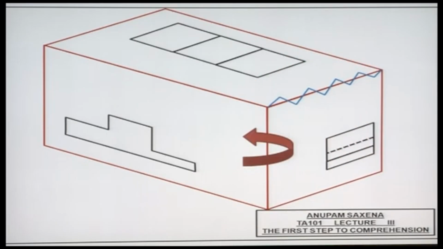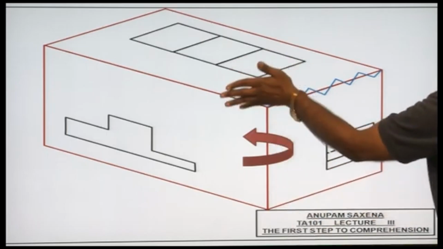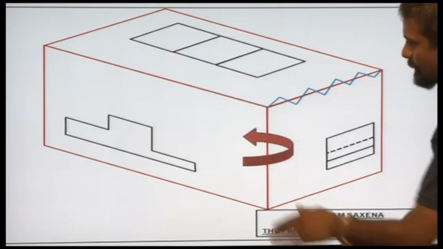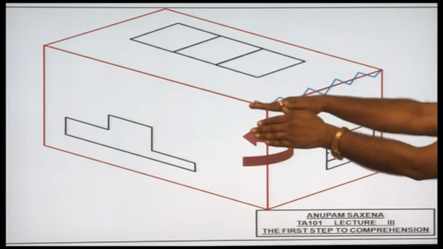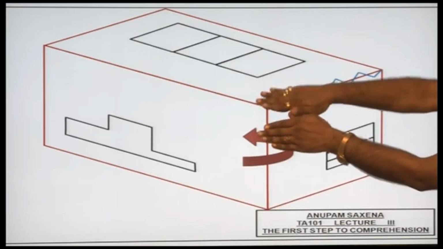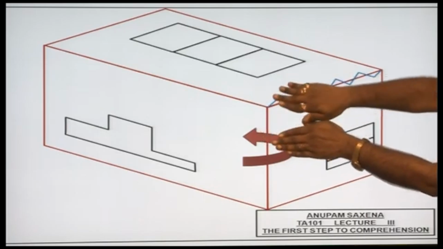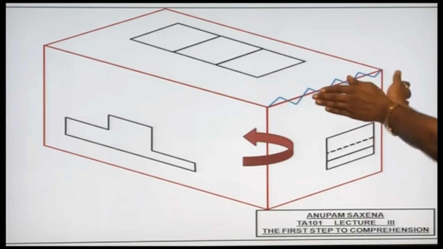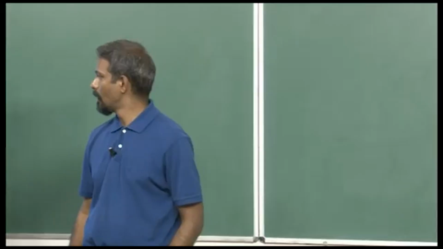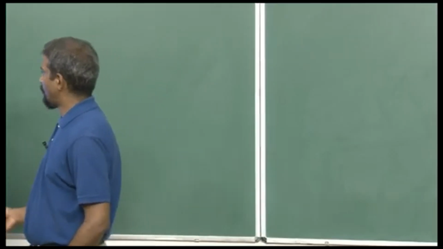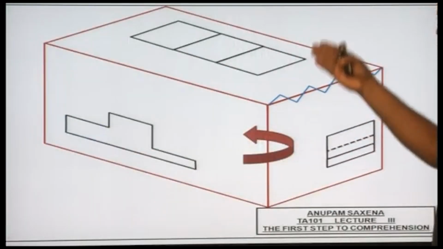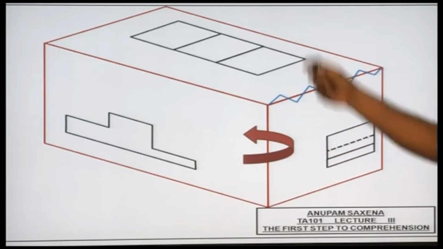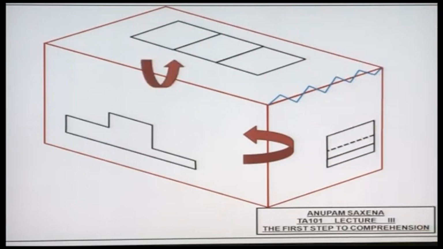So if I rotate this plane about this hinge line, and if I rotate this plane, so this vertical plane is like here, the horizontal plane is like this. I'm rotating the horizontal plane like this, and this one over here, I'm rotating it, like this, like this.